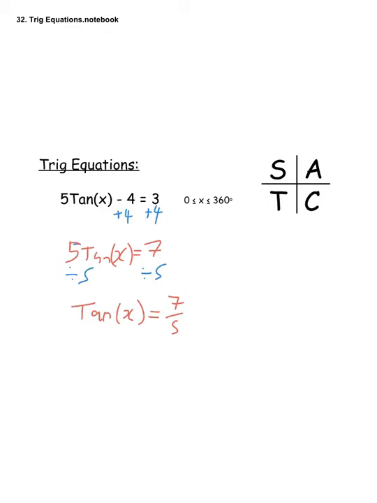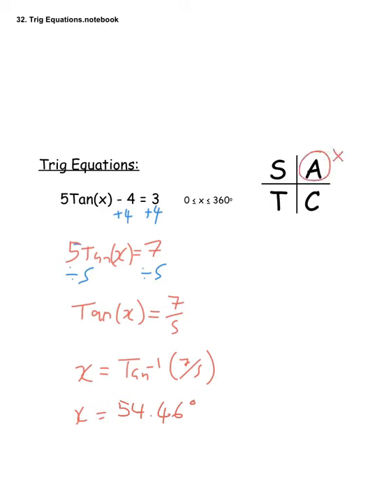If tan x is equal to 7/5, then x is equal to inverse tan to the minus 1 of 7 divided by 5, which is equal to 54.46 degrees.